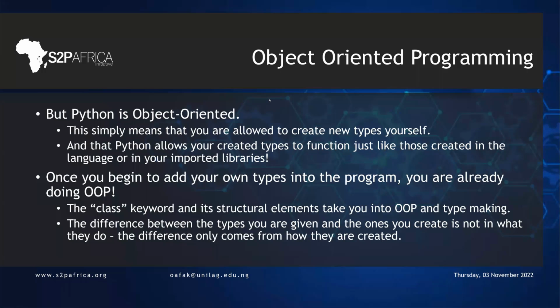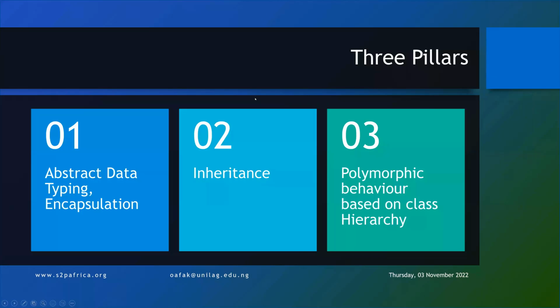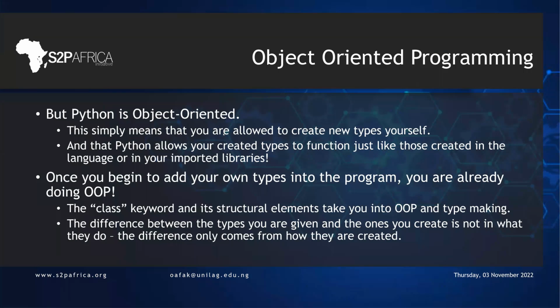So when you are limiting yourself to those fundamental types or the types that you can get from libraries that you import, once you limit yourself to that, you are not doing object-oriented programming. But once you begin to create your own types using the class keyword and associated structural keywords, then you are beginning to do object-oriented programming.